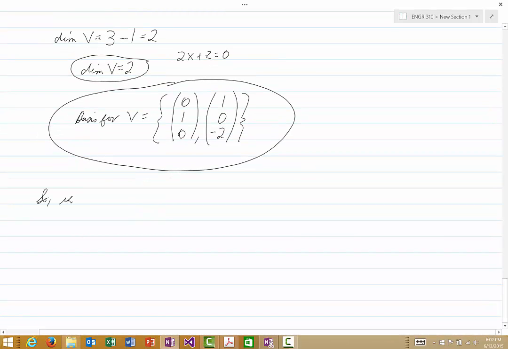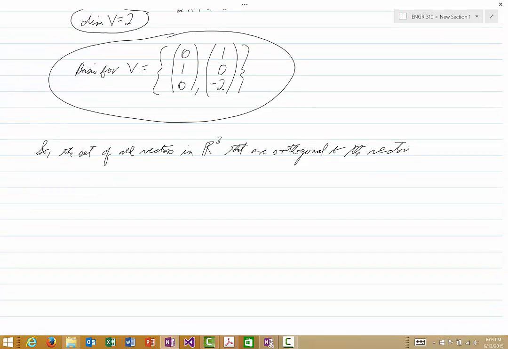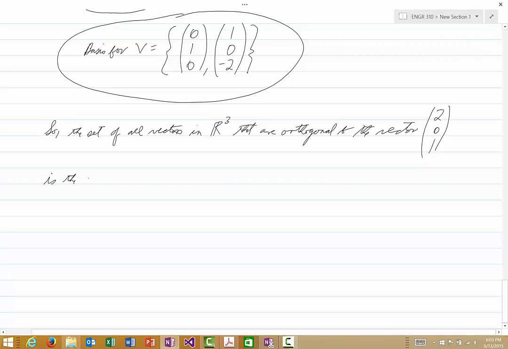So the set of all vectors in R3 that are orthogonal to the vector (2, 0, 1) is the vector space V, which has the basis (0, 1, 0), (1, 0, -2).